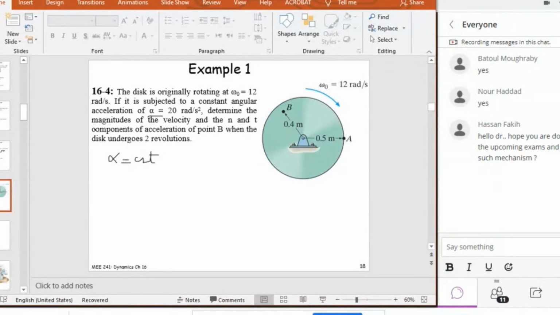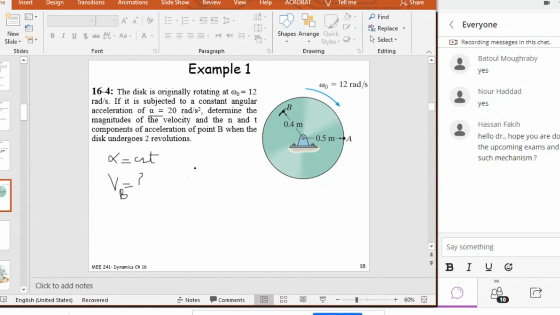And I need to determine the magnitude of the velocity. So I need to determine V, what is V? As well as I need to determine the normal and tangential components of acceleration at point B. So I need to determine, in fact, VB, and this is point B, far from the center of rotation by 0.4.